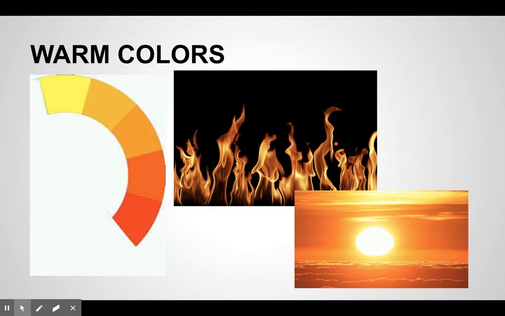Now we have something called warm colors, and those are the colors that are associated with things like fire and sunlight and things that are just warm. That's why they're called warm colors. So from red to the oranges and to the yellow, those are our warm colors. Okay, and that should make sense to you. They're warm because they're associated with fire and sunlight.